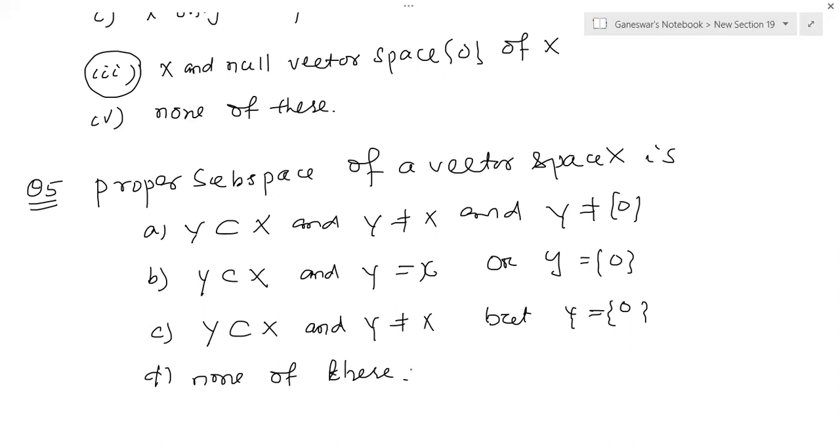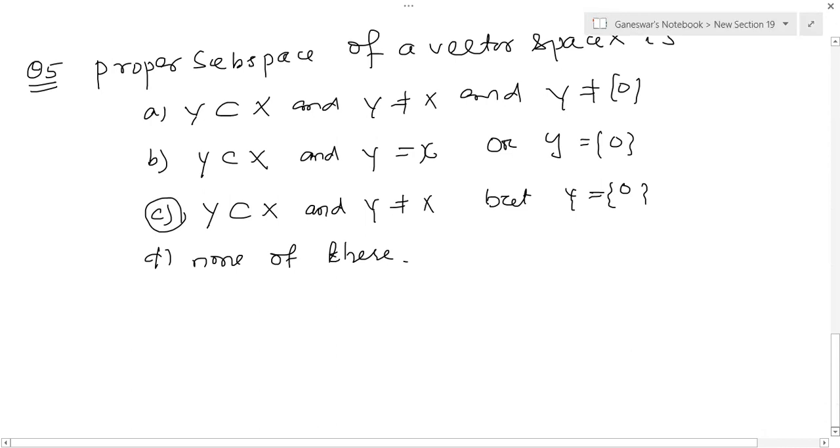So the third option is true. According to the definition, this option is true. Now question number 6 will come.